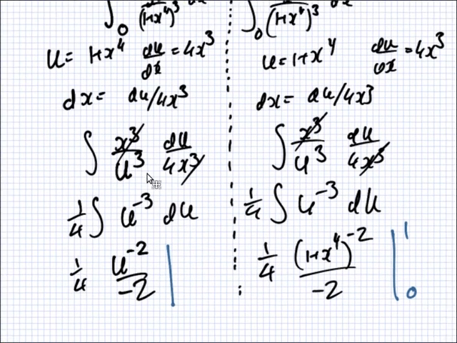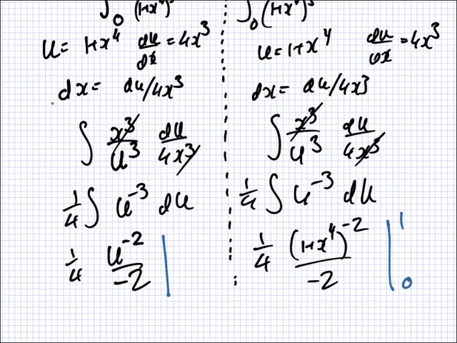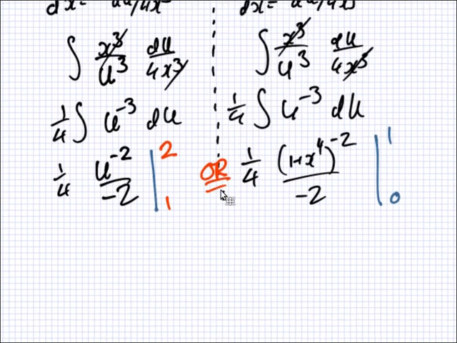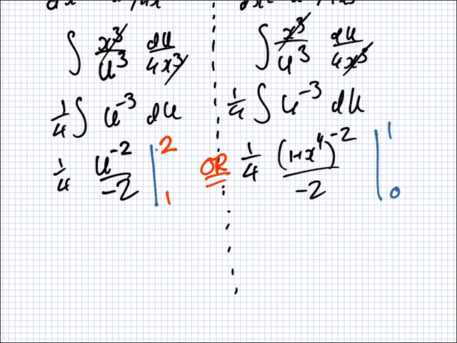So if I go back to the beginning, I can see that when x is 0, u is 1, and when x is 1, u is 2. So I have a choice. I can either keep the u and change the x limits to u limits, or go back to x and keep the x limits. I should get the same answer. If I put in 2, I get minus 1/8, 1 over 2 squared, minus 1 over 1 squared.